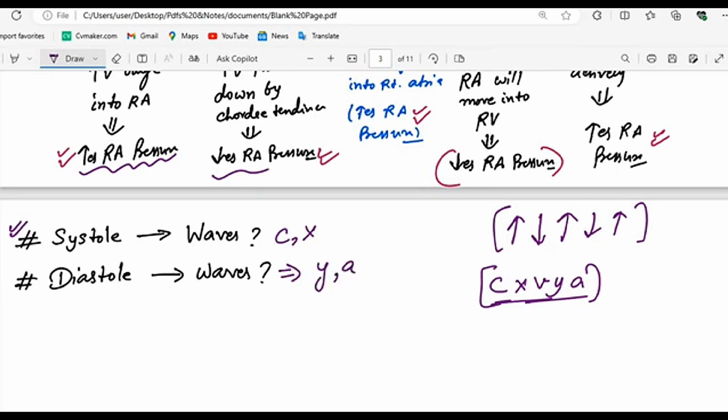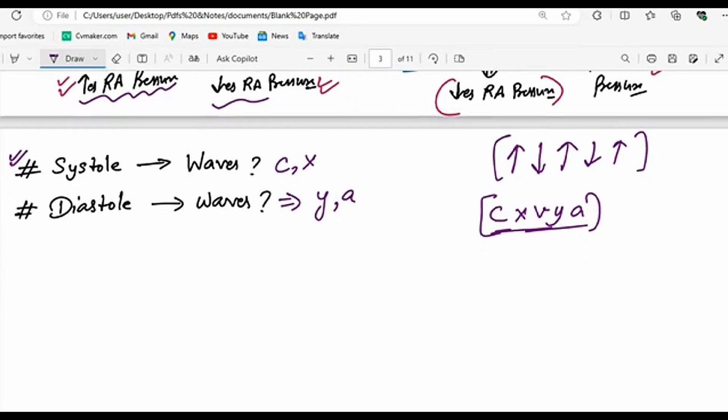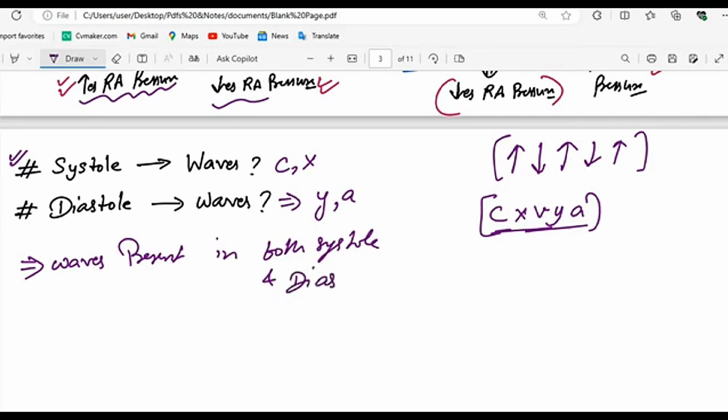Y and A waves. Is there a wave present in both systole and diastole? That is the V wave. Remember, the V wave is present in both systole and diastole.